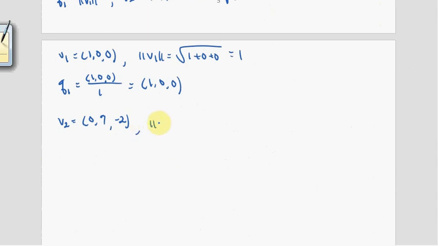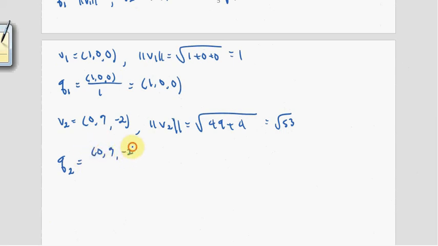Its norm is the square root of 49 plus 4. We get the square root of 53. So Q sub 2 is V sub 2 divided by its norm, 0 comma 7 comma negative 2 over the square root of 53.